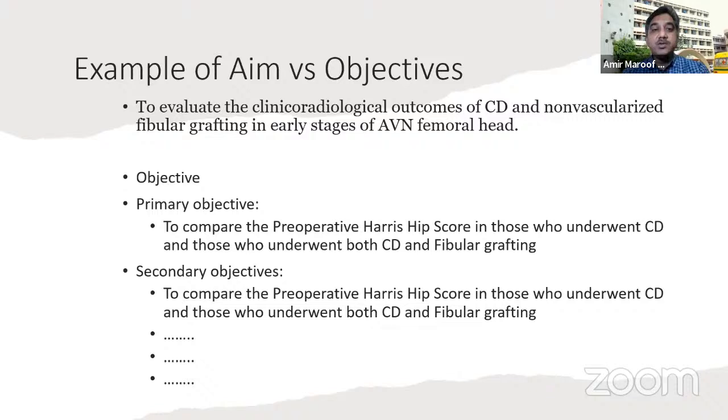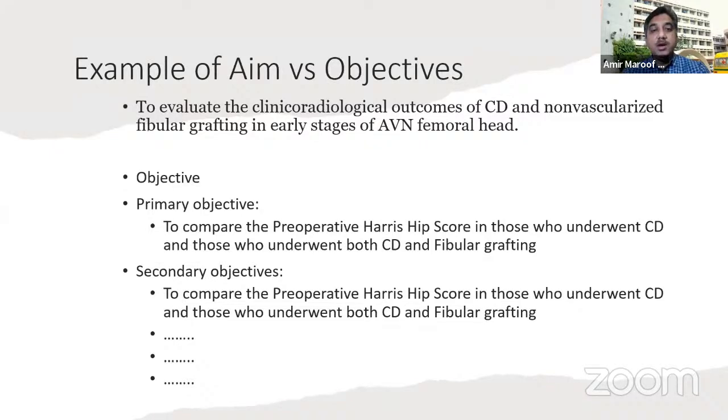When you convert it into an objective, you are converting that unmeasurable thing into a measurable entity. And when you write the Harris Hip Score, this is a valid score used to measure this. You want to compare this score between the two groups. This is your primary objective.